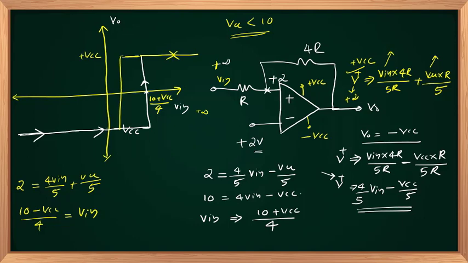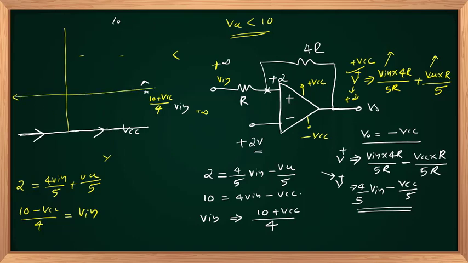right? So I will slightly move x to the left. This went up here. This was bidirectional. This was out. Like this, I will mark it as 10 minus VCC by 4.